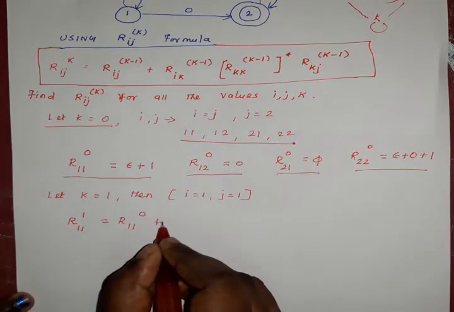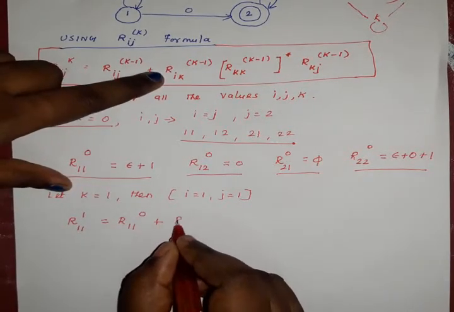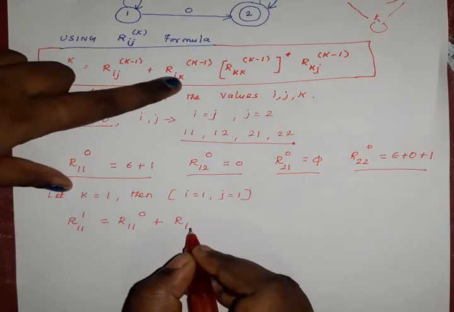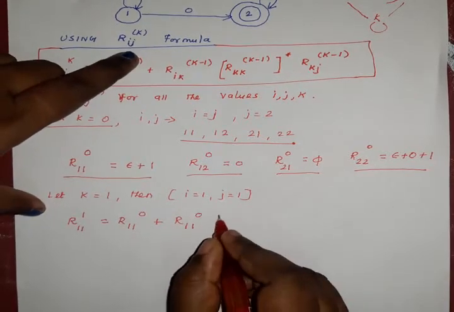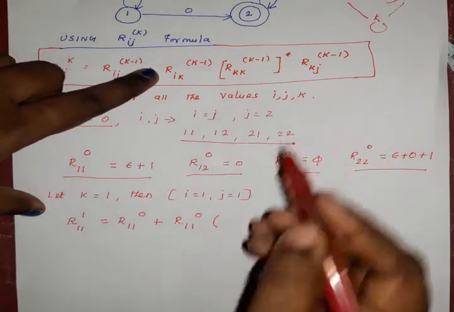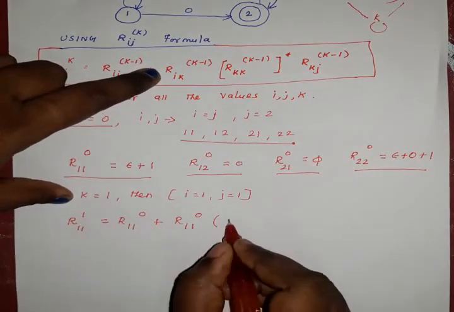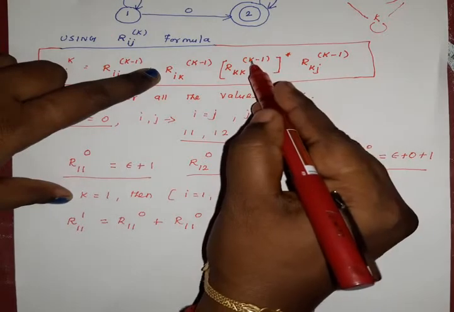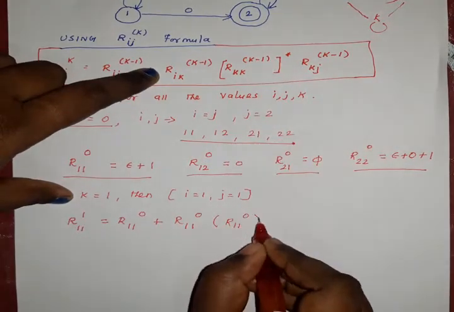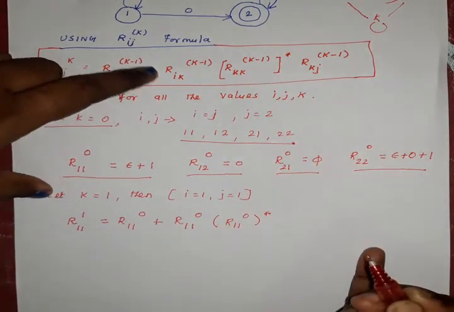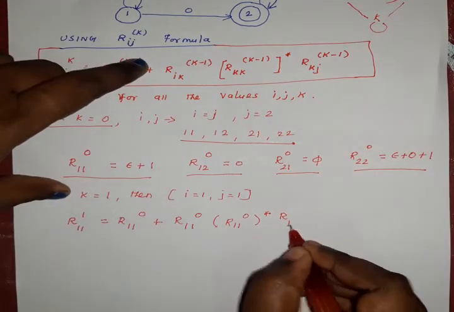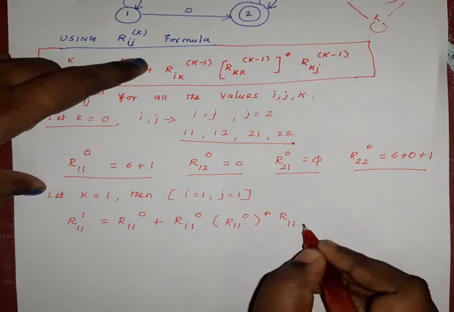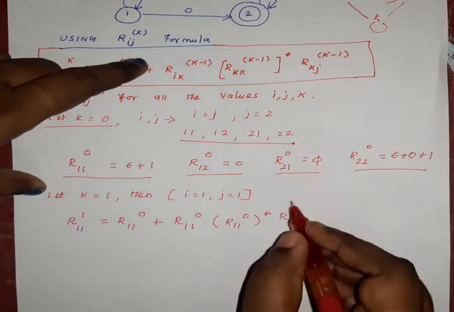So next one is plus and R, i value is 1, k value is 1, k minus 1, 1 minus 1 is 0. So next one RKK. Here k value is 1. So R11 power k minus 1, so 1 minus 1 is 0, the whole star. So the last one is RKJ. So R, k value is 1 and j value is also 1. The power k minus 1, so 1 minus 1 is 0.